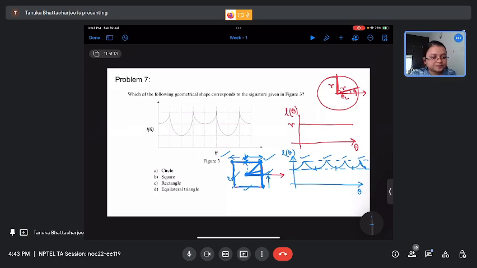Now, when you go from square to rectangle, the change you make is just that your height and width become different. So, this is what you have, a rectangle. As you can obviously guess, the overall structure will be similar for the signature.